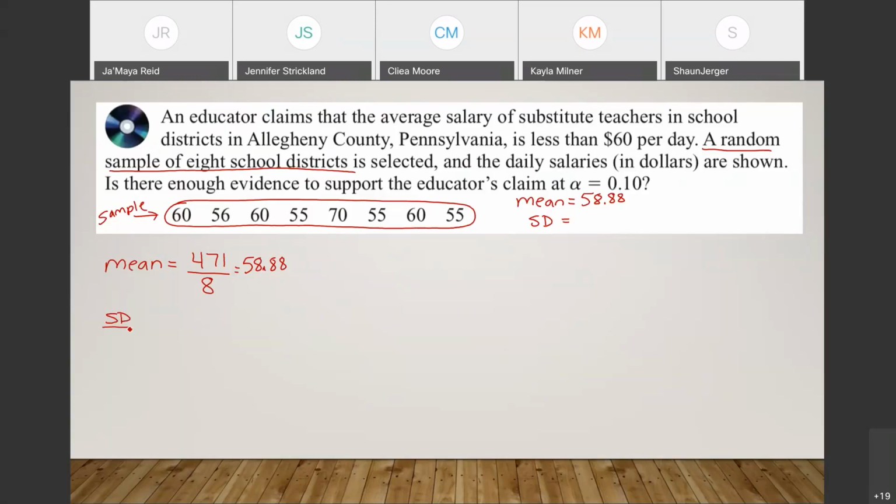All right, so remember that when we did it by hand, we took our numbers and we put it in column 4, and we added them up. Okay, so we've already done that. We already know that that's added up to 471. So that was part of it. And then remember that we went through and we squared each of those numbers and we added that up. So we did like 60 times 60, and that gave me 3,600.